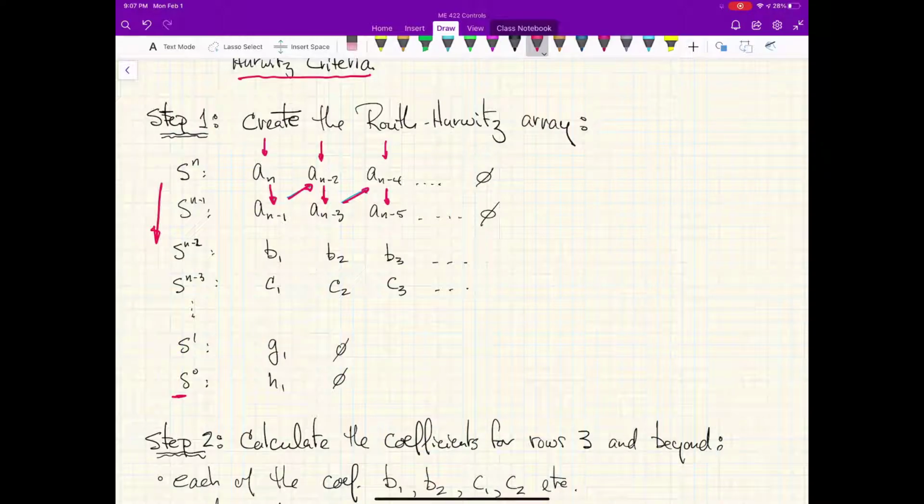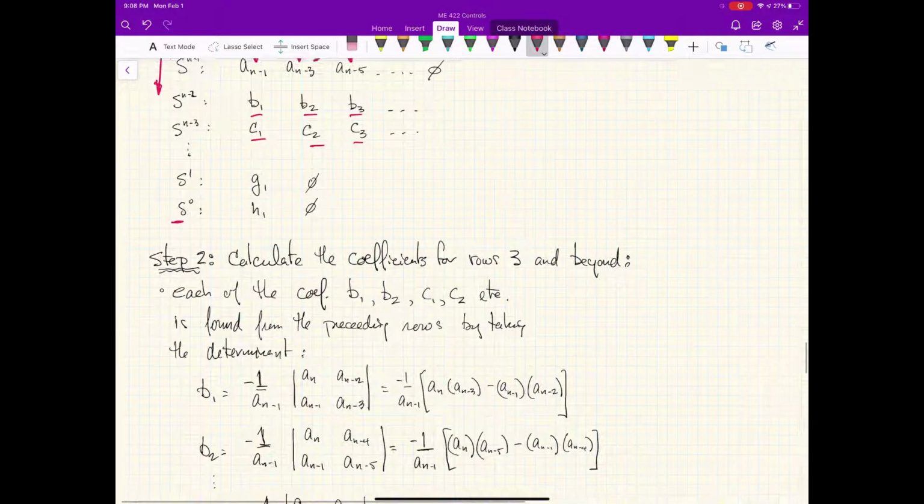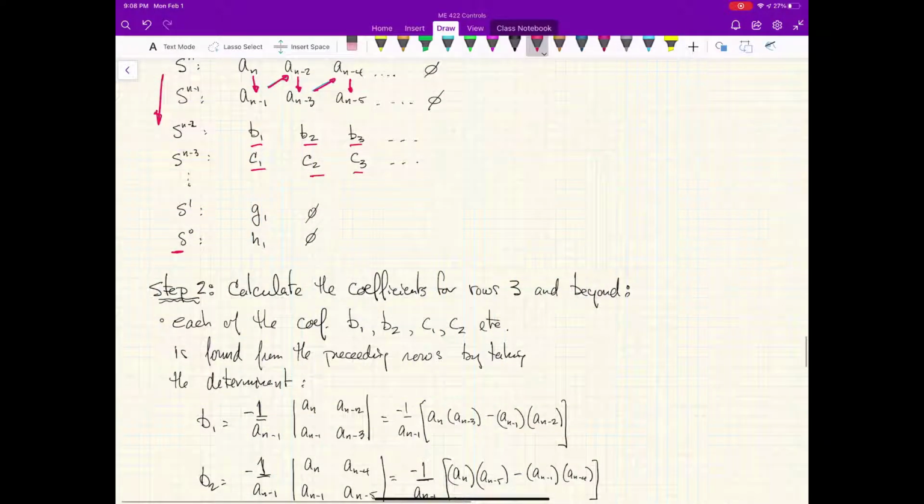And to illustrate how I find the coefficients that go into each of these rows now, this is where the algorithm comes into play here. So to calculate these coefficients, B's for row number 3 and C's for row number 4, the way I've got it right here, the first step is to take the coefficient on the row that's immediately above it.